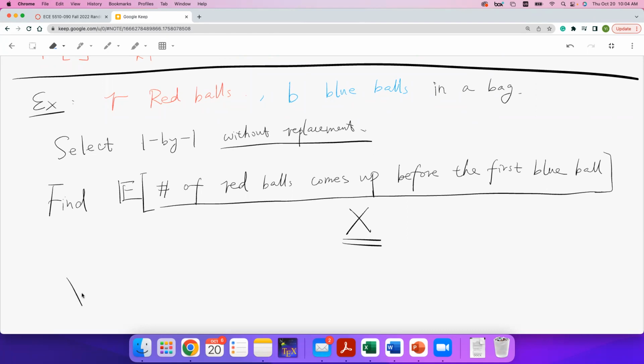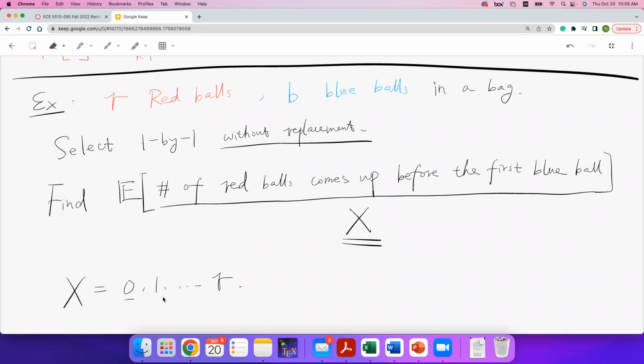So intuitively, this X could be 0, 1, up to R. In the worst case, maybe the first time you draw, you get a blue ball. In that case, the number of red balls before you draw the first blue ball is 0, right? And in the best case, in your first R selections, you always get red balls.